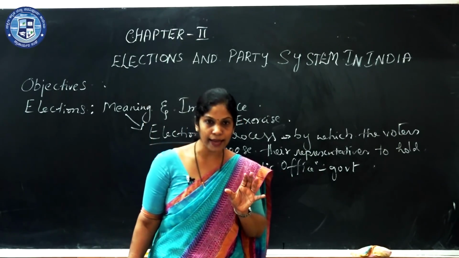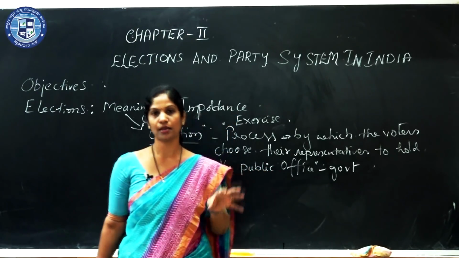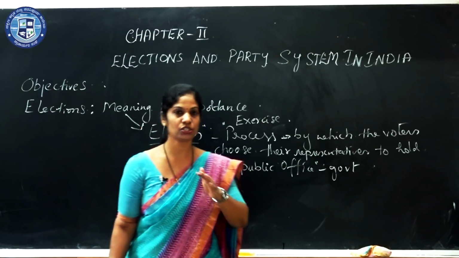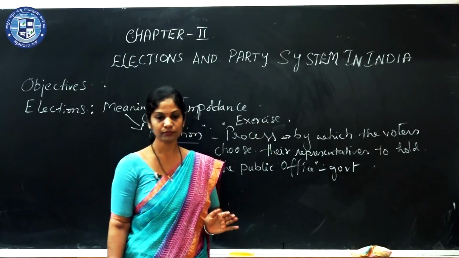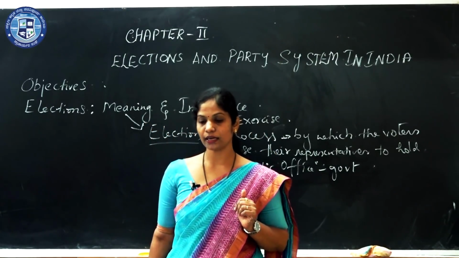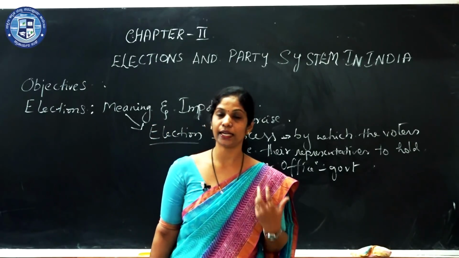In the examinations, many times the question has been asked: what is the meaning of election? That is why you need to answer like this. It is the primary activity in forming democratic and representative government.